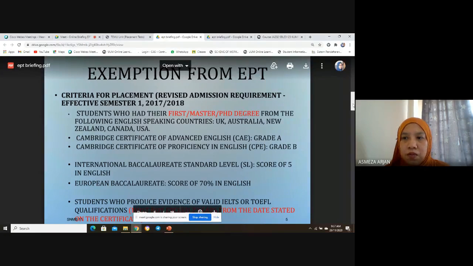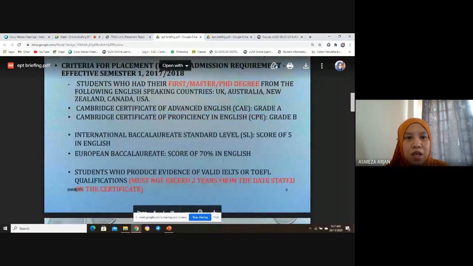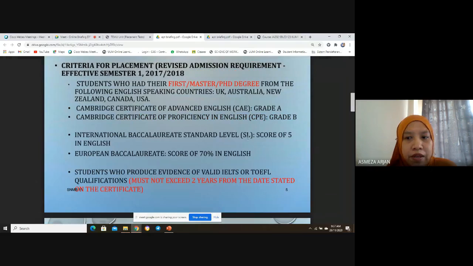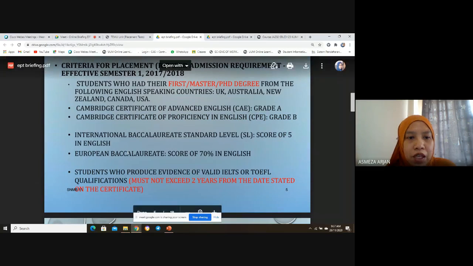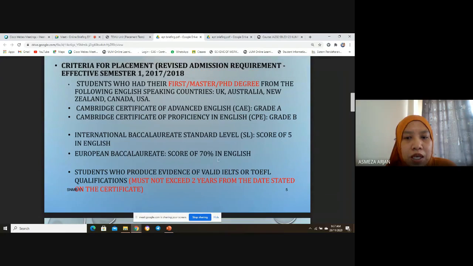Other certificates that we accept would be International Baccalaureate Standard Level, score of 5 in English, or European Baccalaureate, score of 70% in English. So if you have sat for these two, then you can also be exempted.